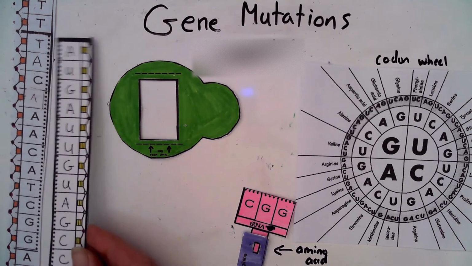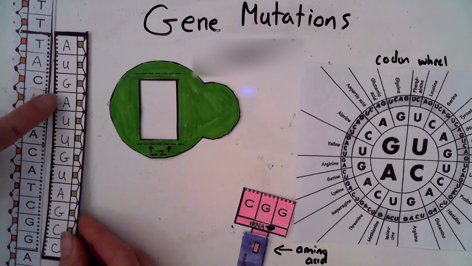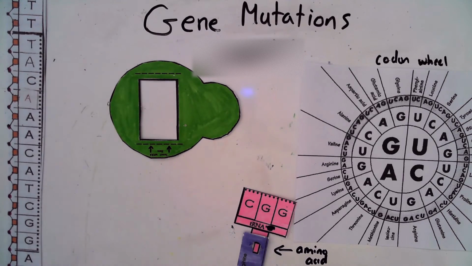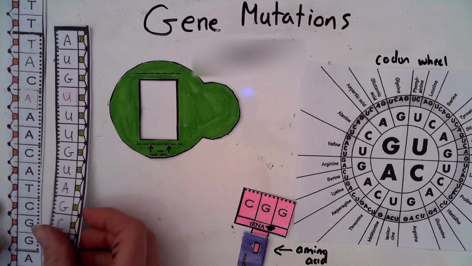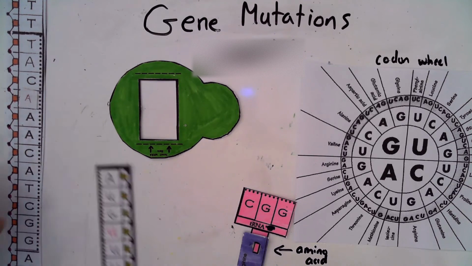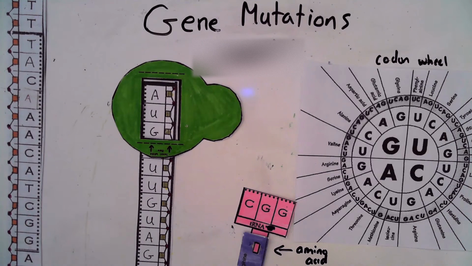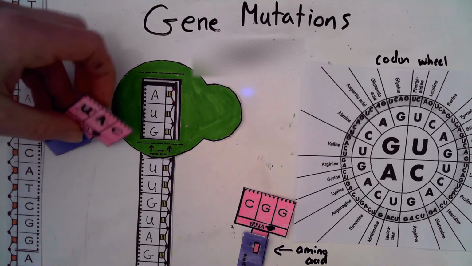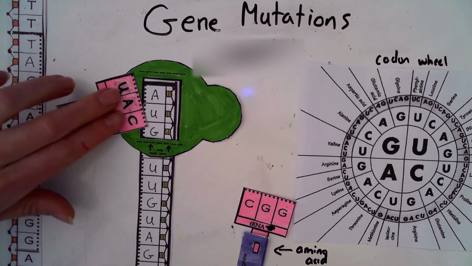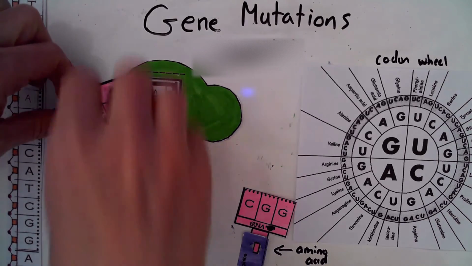So we would no longer make this kind of mRNA because you could see that this would not occur here. So we would end up making a different mRNA sequence. The first codon is the same, so we would still end up with methionine as the first amino acid that is produced in our polypeptide chain.